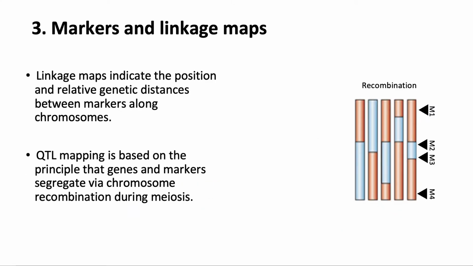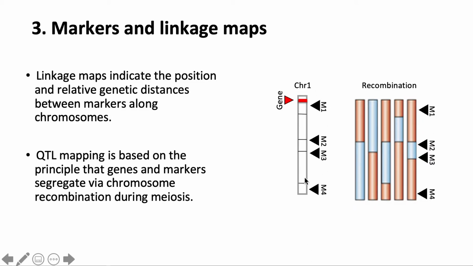With the molecular markers, we can make a representation of the chromosomes, and those representations are called a linkage map. Here, for example, we have chromosome 1, and we can use the information of the molecular markers that we have in the population, which are these black arrows on the right.